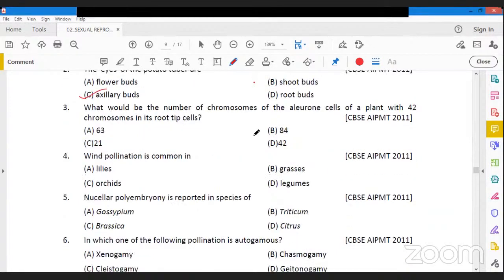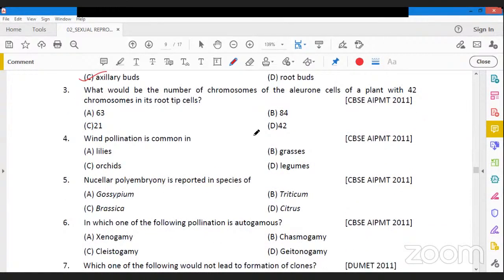Then what would be the number of chromosomes of aleurone cells of a plant with 42 chromosomes in the root tip cells? 2n is 42. So the diploid number is 42. So check the number of the aleurone layer.